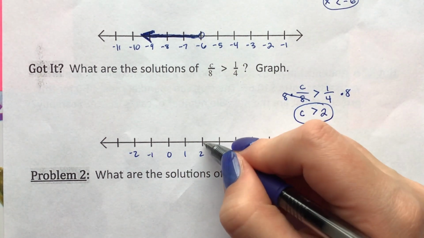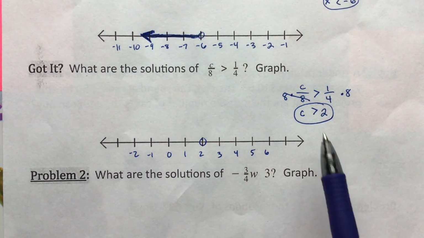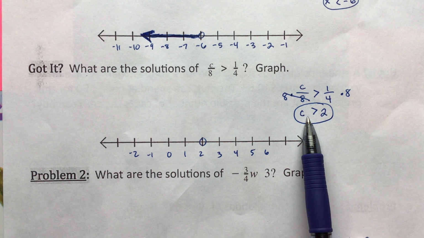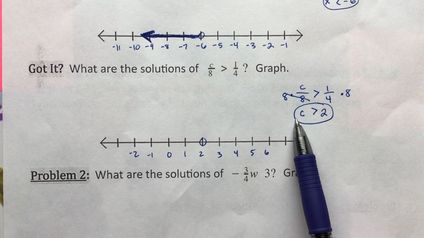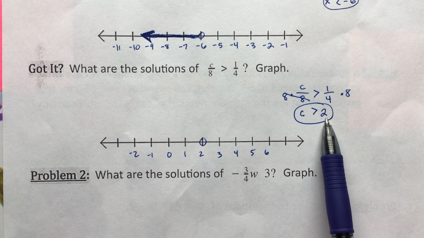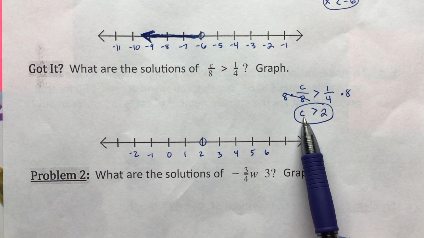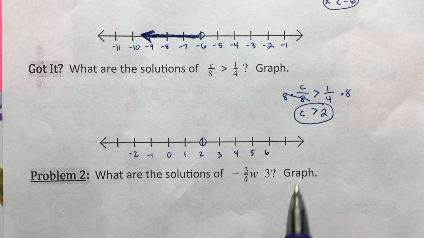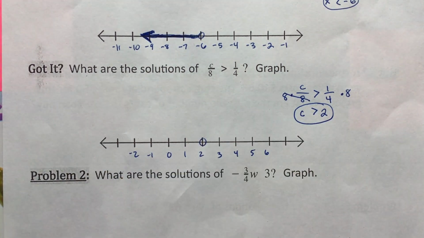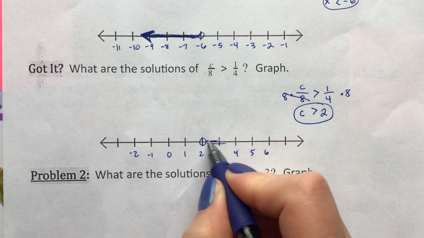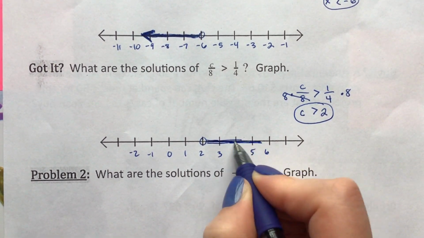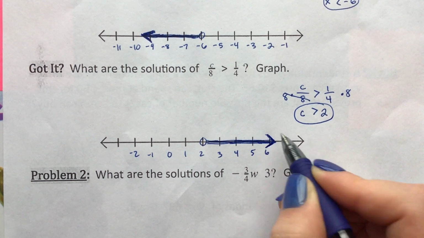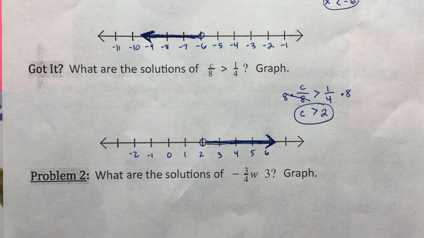I'm going to go to the 2, put a circle on it, and we're looking for the numbers that are going to be of higher value than 2, because c is greater than 2. Or remember that trick, when the variable's on the left-hand side, we can shade in the direction that the inequality is pointing. So it is pointing to the right. So I'm going to shade everything on the right side of this number line. Alrighty.